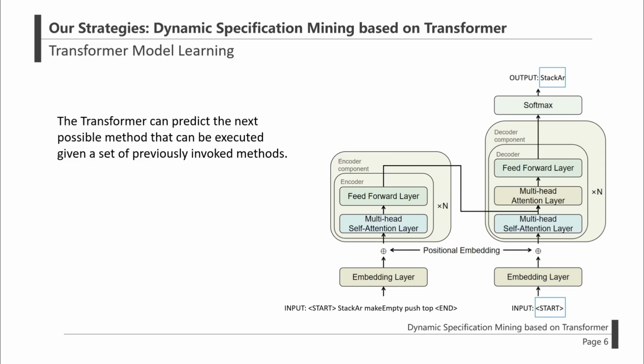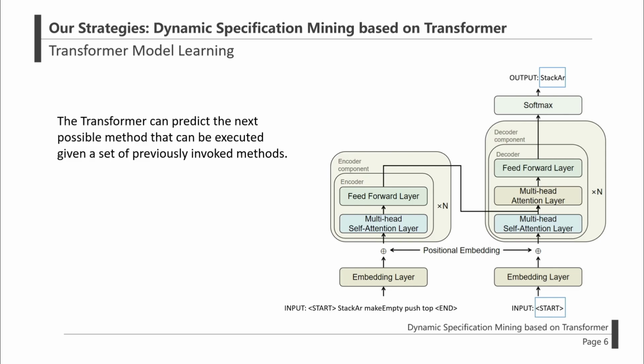As I mentioned earlier, each prefix is treated as a state. That is, the feature value of this state is the logit vector. We take the method with the highest probability and add it to the method prefix to predict the next possible method.